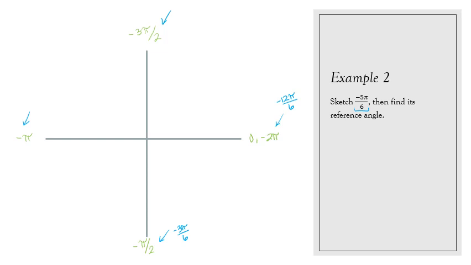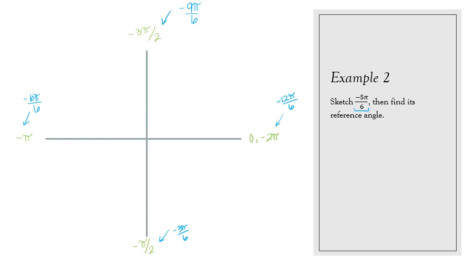Negative pi would be negative 6 pi over 6, and negative 3 pi over 2, I've got to multiply both the top and the bottom by 3. That's going to be negative 9 pi over 6. So this might give me a slightly better idea of exactly where negative 5 pi over 6 goes.